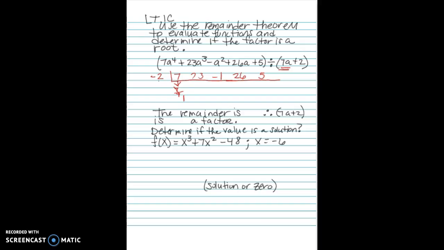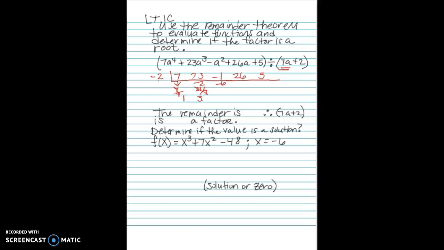Now, like regular synthetic division, I multiply by the negative 2, which gives me a negative 2. I write that under the 23, and I add 23 plus negative 2 for 21. But again, I have to divide by the 7. 21 divided by 7 is 3.